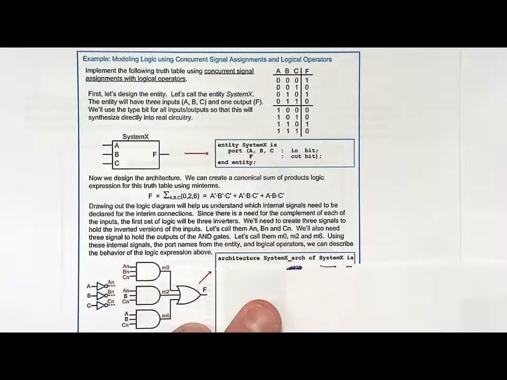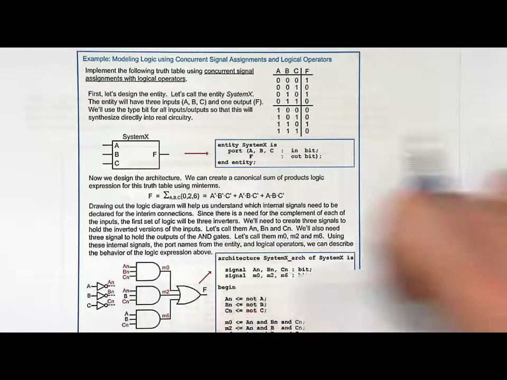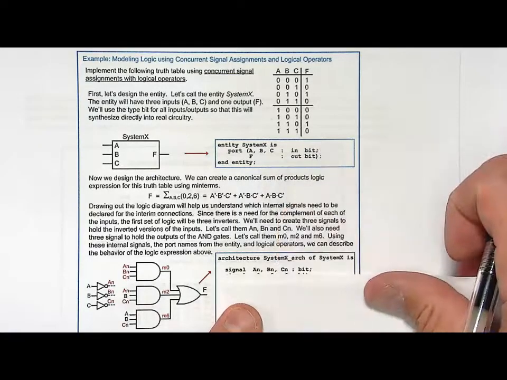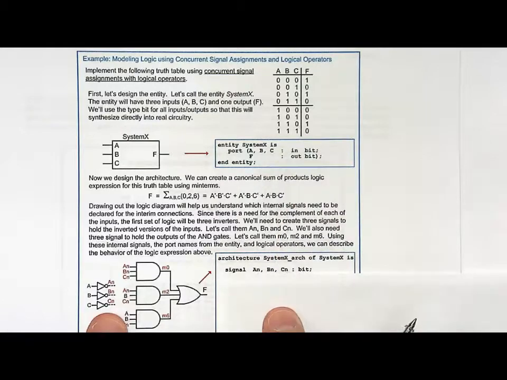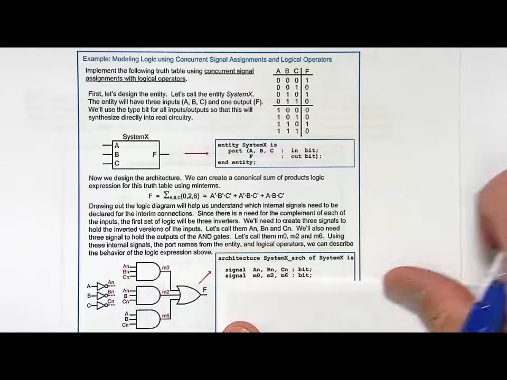Then the next thing that I'm going to do is declare my signals. So I need to declare three signals which correspond to the inversions of the input variables. So AN, BN, and CN, and they're of type bit. Then I'm going to create three signals which are the outputs of the product terms. So I'm going to call them M0, M2, M6, type bit. And that's all my declarations.